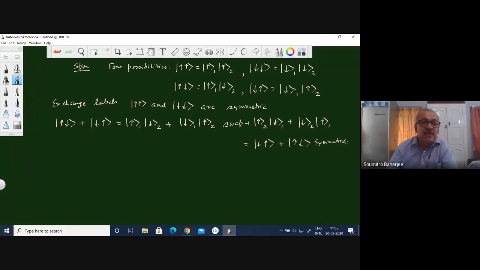Now let us try out the negative one. The negative one is up, down, minus down, up, which is equal to up 1, down 2, minus down 1, up 2.